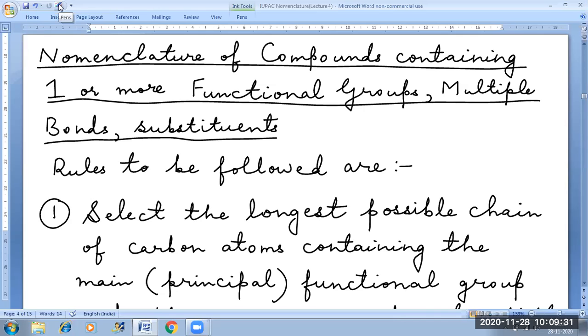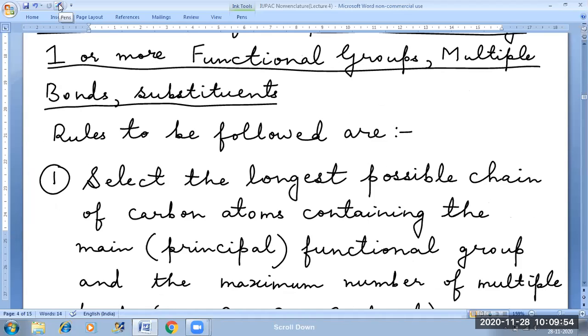Now we are entering that part of nomenclature which is no longer restricted to hydrocarbons. Now we have any compound. In general, anything can be asked. So for that, what is the rule we are going to follow? If it is a compound containing multiple bonds as well as some other groups or substituents, or if it is containing only some groups, then there are some rules which are to be followed.